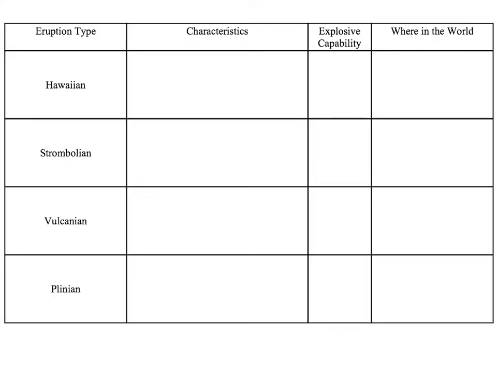Okay, the next type of eruption is Strombolian. And here what we have is more viscous lava. So it doesn't flow, and so we're looking at maybe the best word is bursts of lava that spew out of a cone.